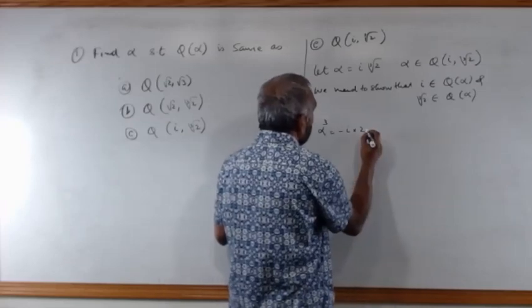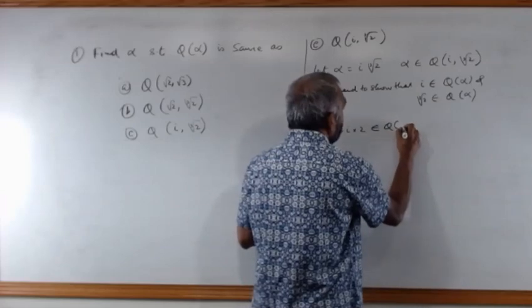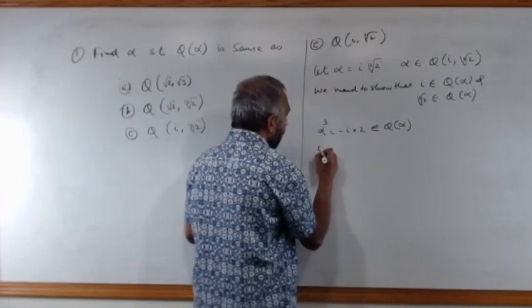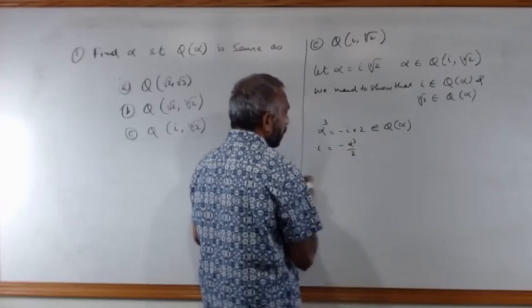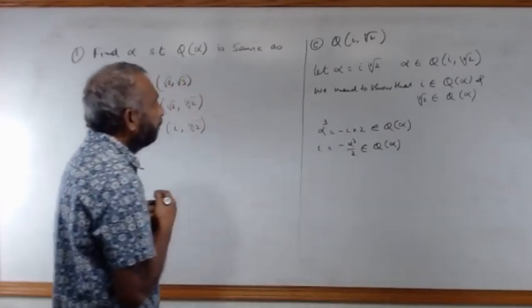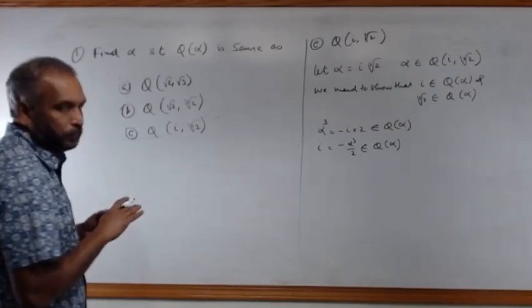And this definitely belongs to Q of alpha because it's alpha cube. So I is equal to minus alpha cube by 2. That also belongs to Q of alpha. Right?